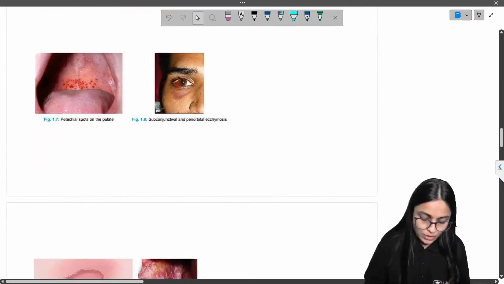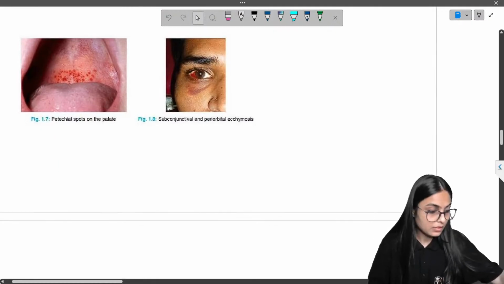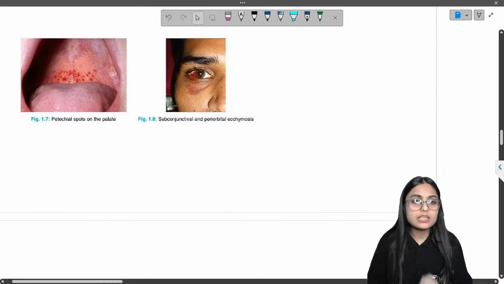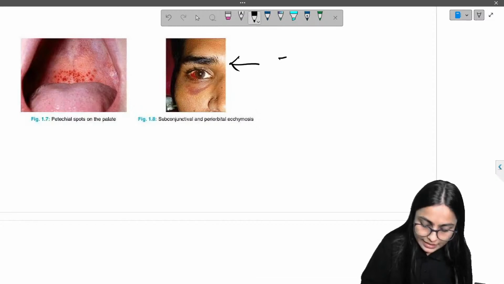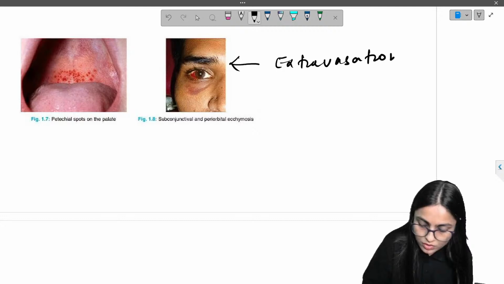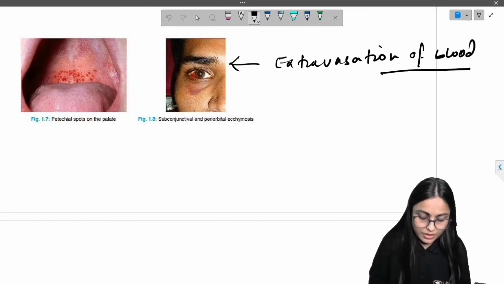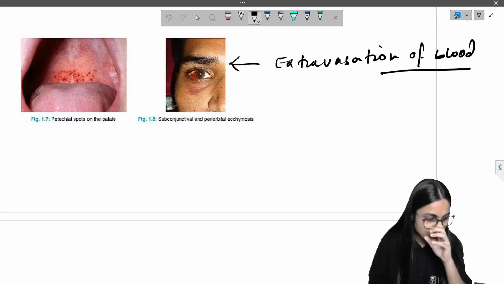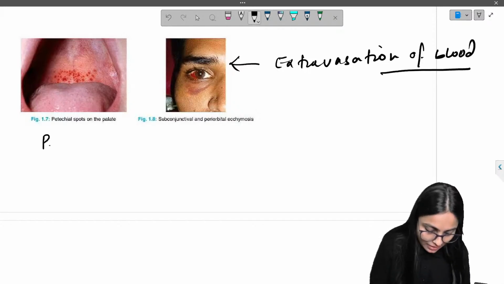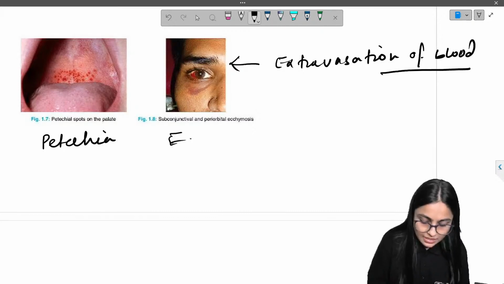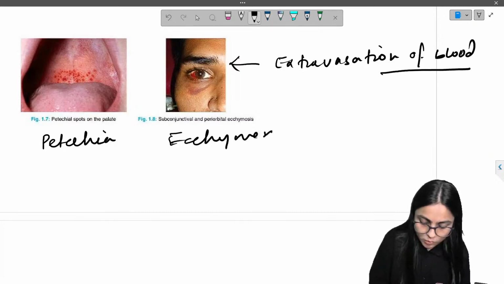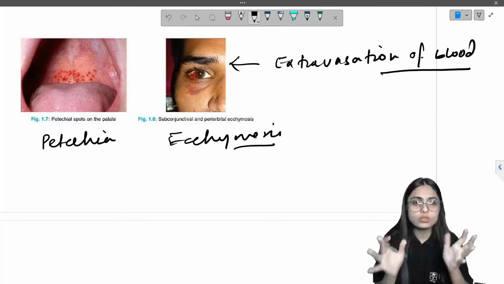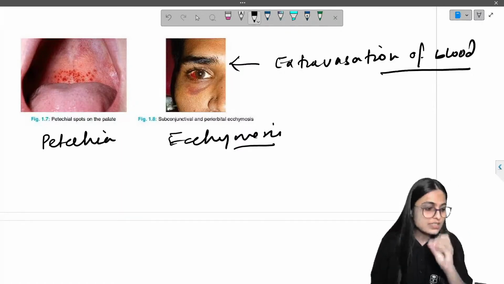Moving on to the next lesions. The cause of these lesions is extravasation of blood. We have two lesions here. First is petechiae. Second is ecchymosis. The cause of both is the same, but there is a size difference.